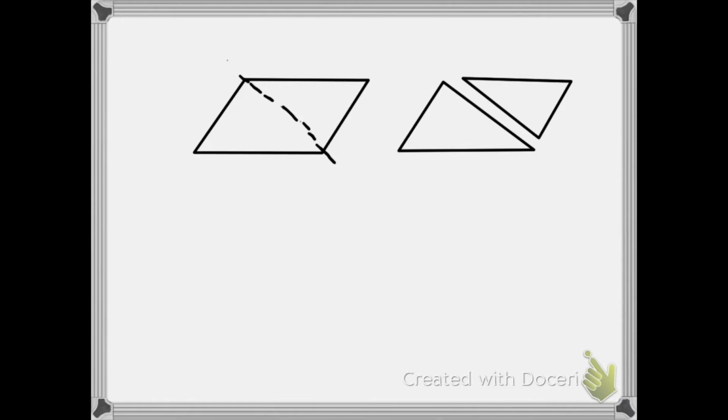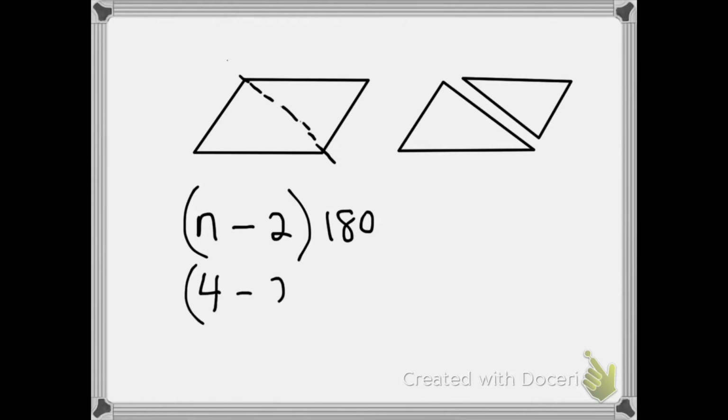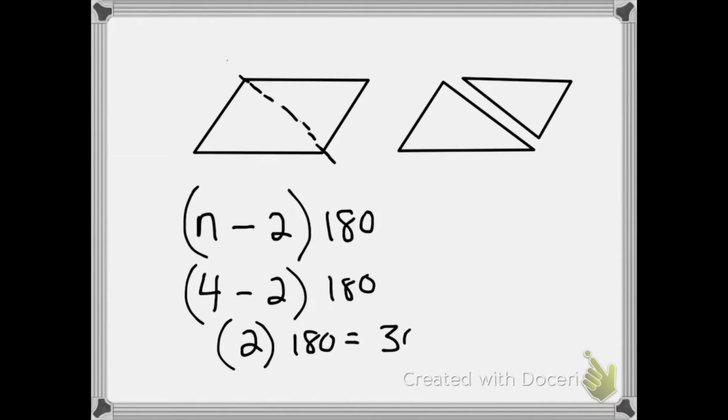All right, so the formula that we want to look at is this: n, which represents the number of sides of your particular polygon, minus 2, and you multiply that by 180 degrees, will give you what the sum of those interior angles will equal. So for instance, let's say that we take a four-sided figure, any four-sided closed polygon, we subtract 4 minus 2, which is 2, multiply it by 180, and there you go, it's 360 degrees.